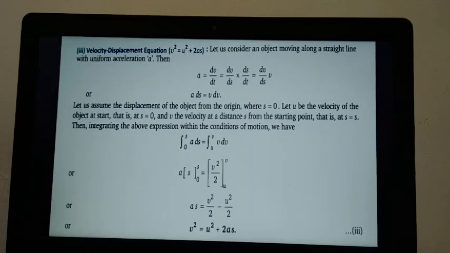Okay, now the fourth equation of motion, displacement in the tth second. In the last set of derivations, we made use of the fact that displacement in the tth second is equal to displacement in t seconds minus displacement in t minus 1 seconds.